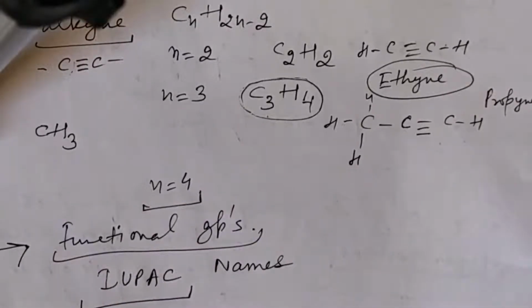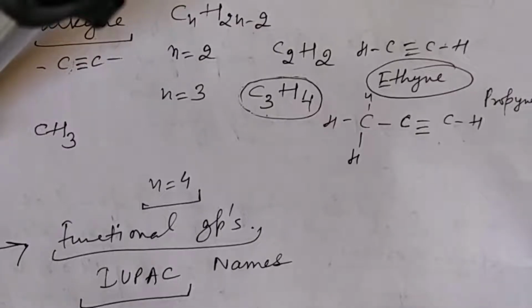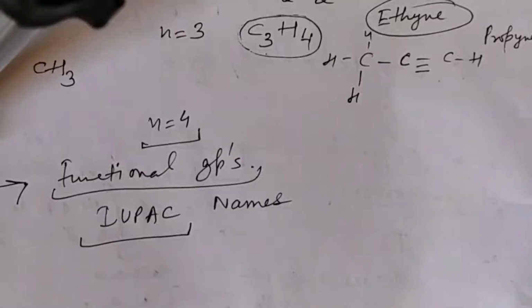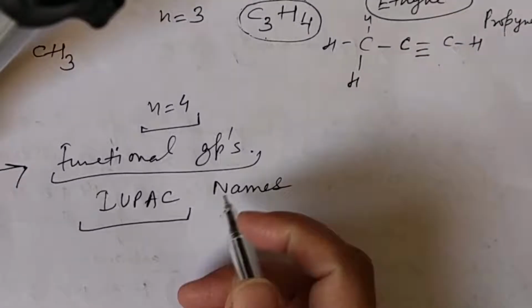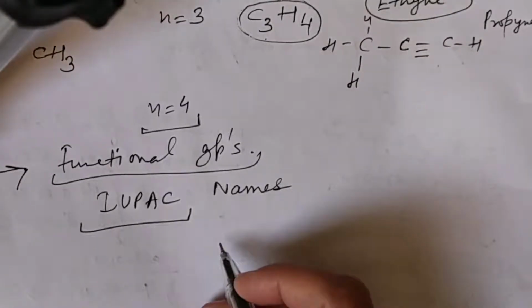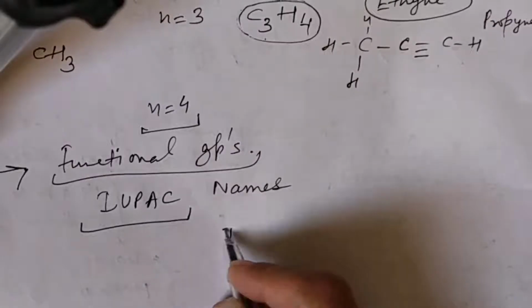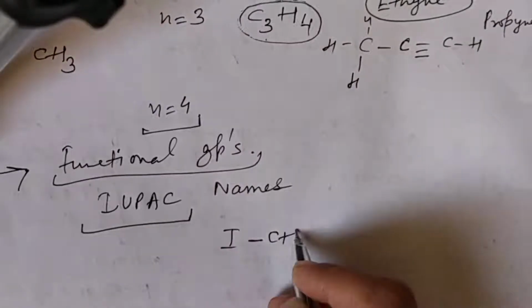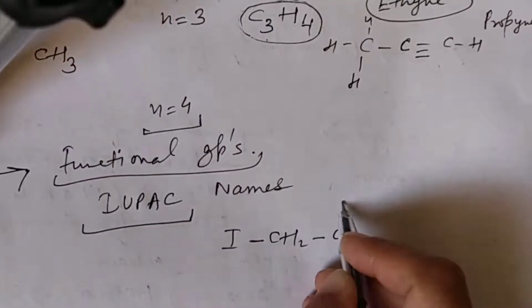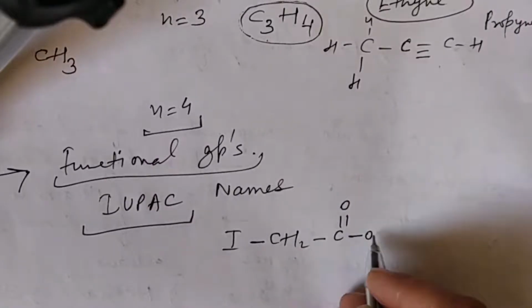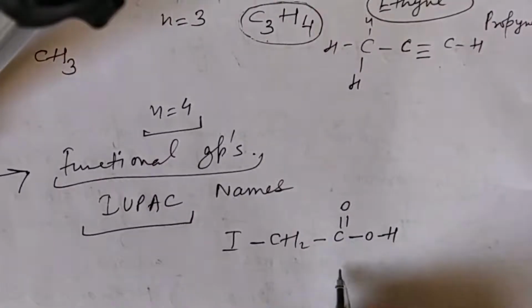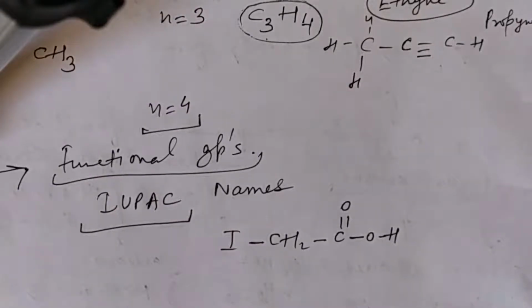We will try to understand writing of IUPAC names with the help of an example. Suppose I have written one example here; you can write the IUPAC name of this compound. Try to write down the IUPAC name of the compound, those who know the rules related to it.